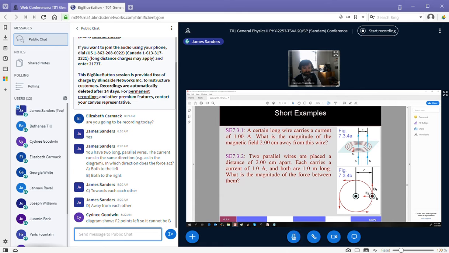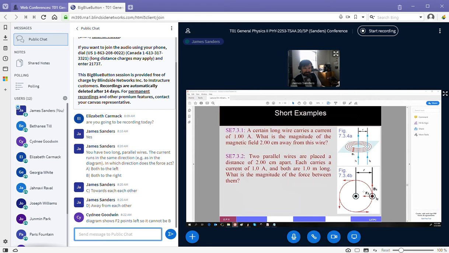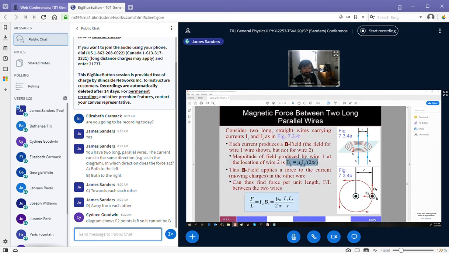If you look at the actual diagram in this figure, the force that is showing is actually pointing to the left on this wire, and it is a correct diagram. So we should be able to eliminate option B, as you all have done. That's good. But that doesn't answer whether it's A or C or D.